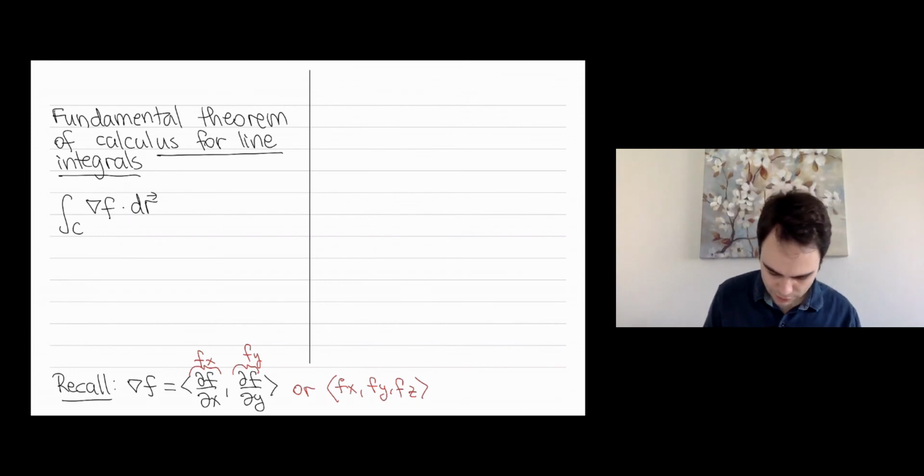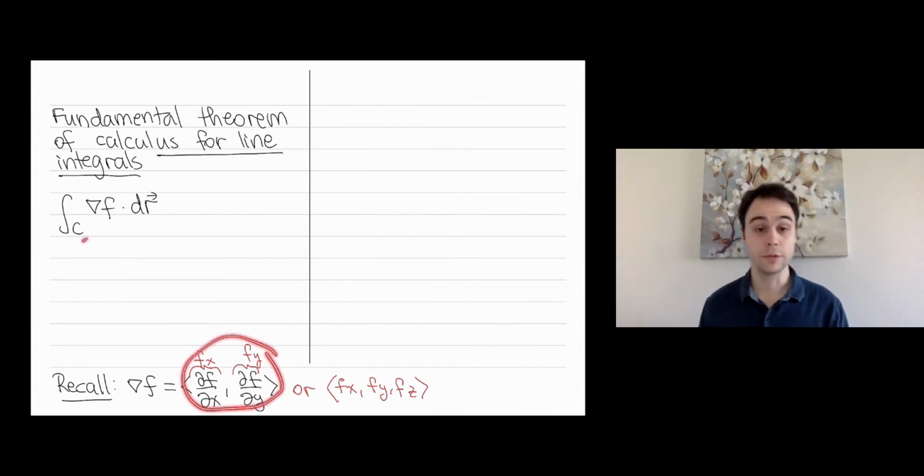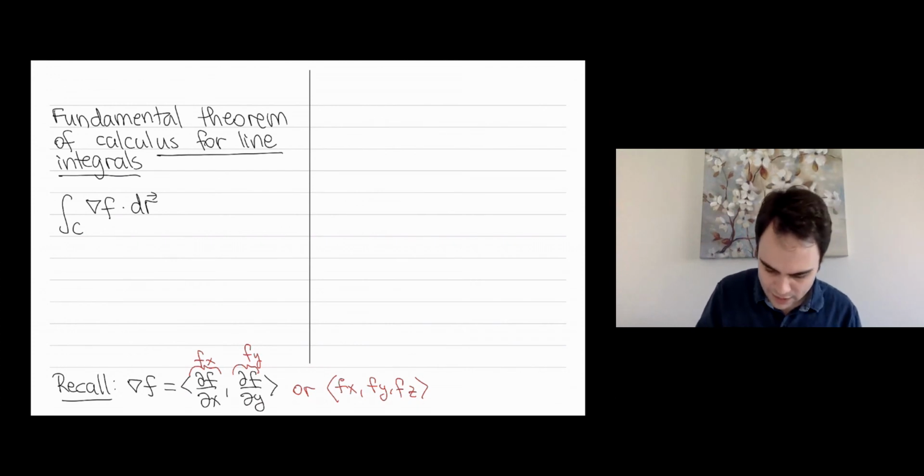So if we integrate this vector field over a curve C, it's easy if you know what the function is.